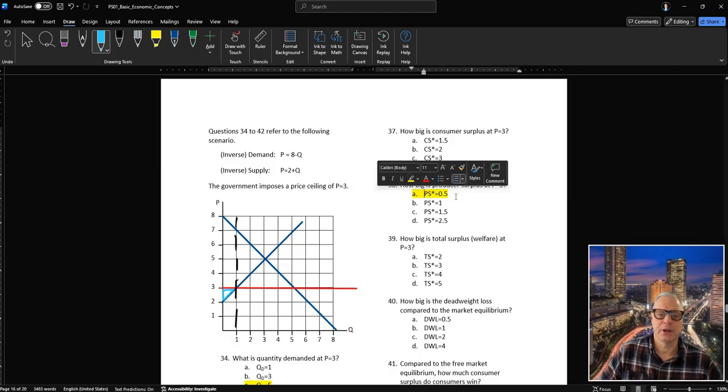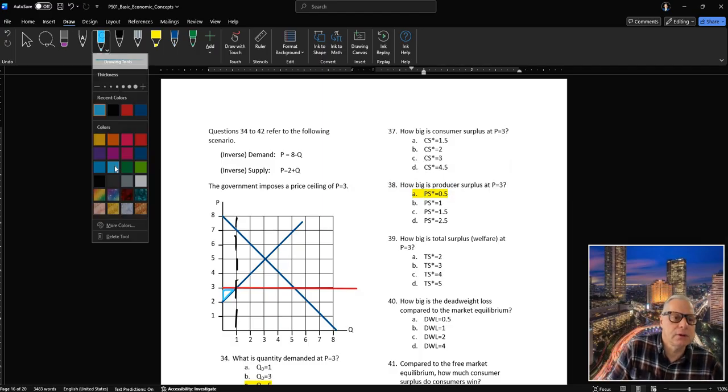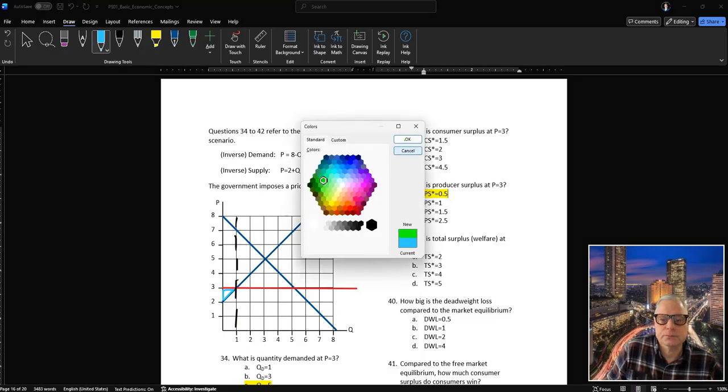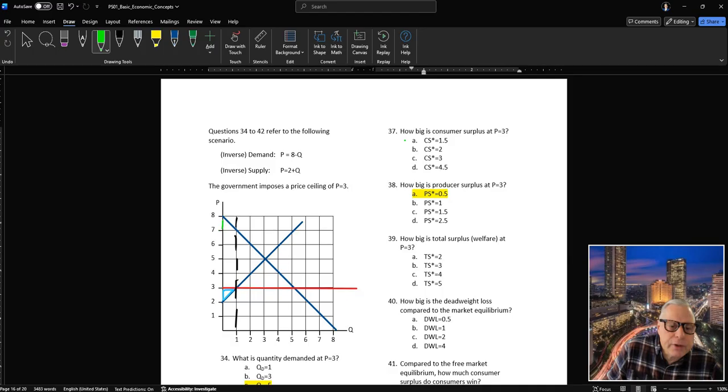And the area on top of it, so the green area, this area is 1, 2, 3, 4. There's a little half. So consumer surplus is 4.5. So that is the same as the consumer surplus they had under the market equilibrium, because at the price of 5, if you remember, we have the same surplus.